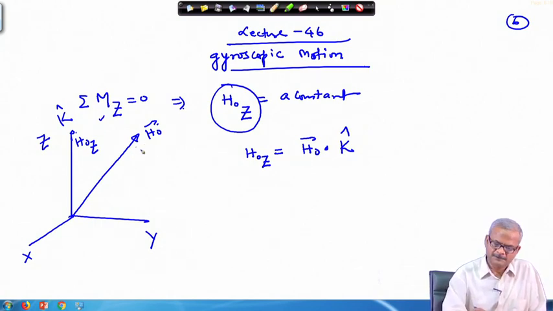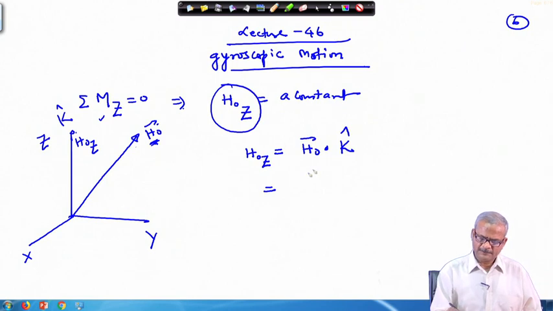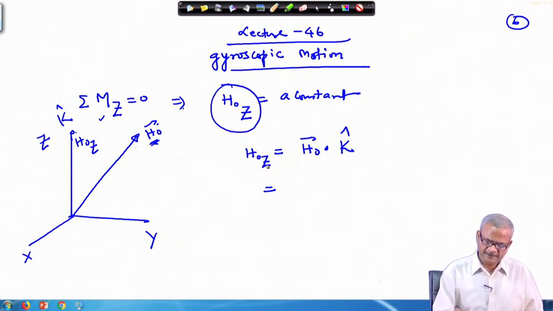This is not along the z body direction; remember it has 3 components, and we need to put in H 0 and all these things.